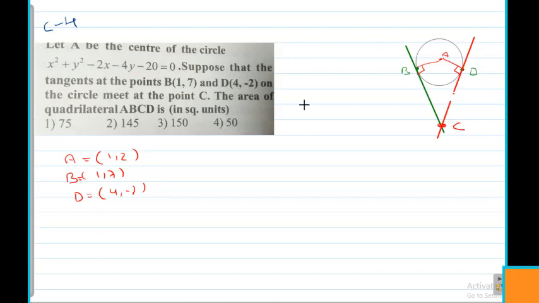Okay. So what is my plan? Join A and C. Join BD. Let this be the point M. So AC is the perpendicular bisector of BD.